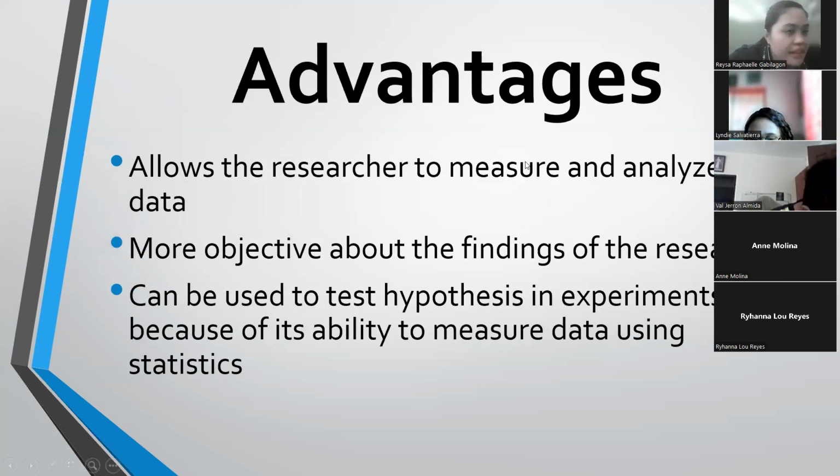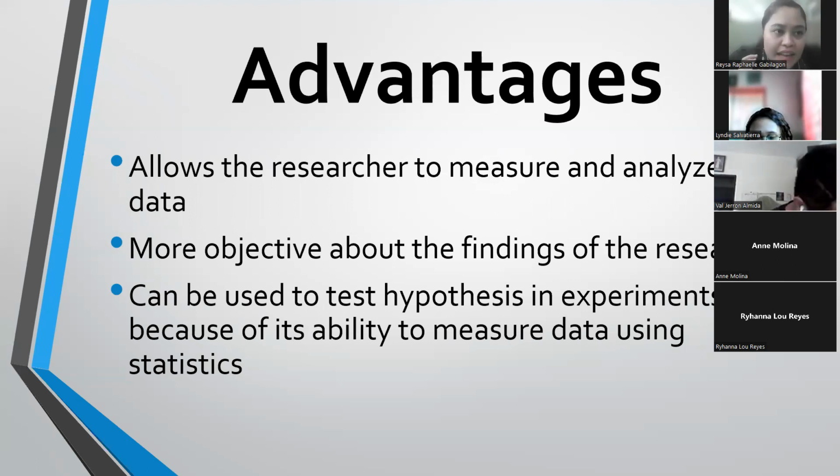So what are the advantages of doing quantitative research? This allows us to measure and analyze our data. If we cannot measure experience, there are still a lot of things that we can measure and we can have numbers at the end.